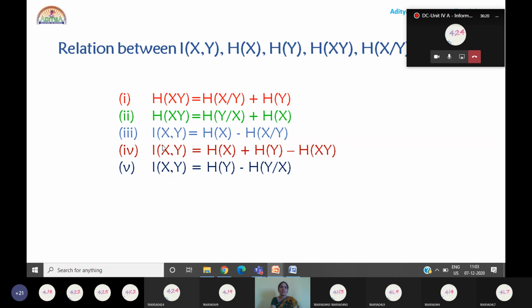So directly you can solve for I of xy in terms of H of x, H of y, H of xy, H of x by y, and H of y by x. For example, if you want to prove the first and second relations, take LHS, write down the expression for joint entropy, and replace in terms of Bayes theorem so that you can prove the first and second relations.